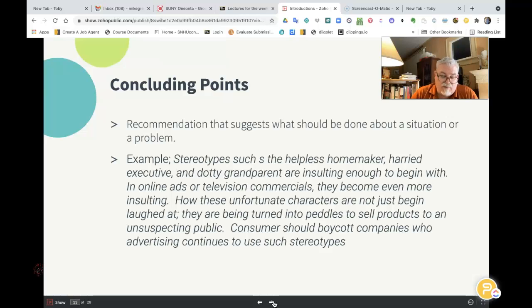Consumers should boycott companies whose advertising continues to use these stereotypes. And so the paper was about stereotypes, the particular ones that were out there, how they're not appropriate, and how they're being used, and then the recommendation is we should boycott companies who advertise this way. It might work, might not, but it's a recommendation, and it's okay. This happens quite often. In a lot of our advertising, we see some silliness out there as well, but sometimes it's a lot more harmful than we think it is.